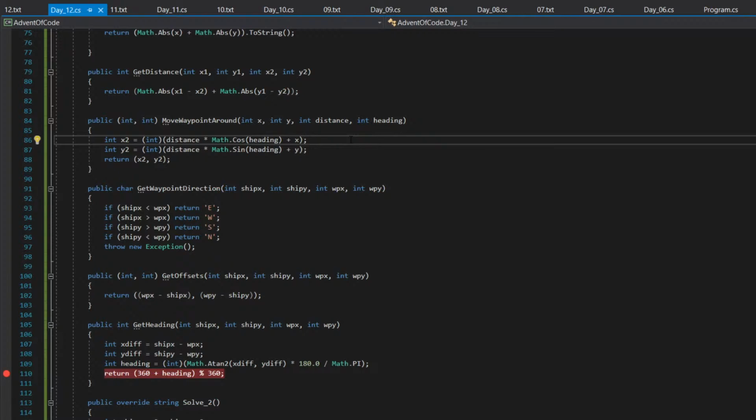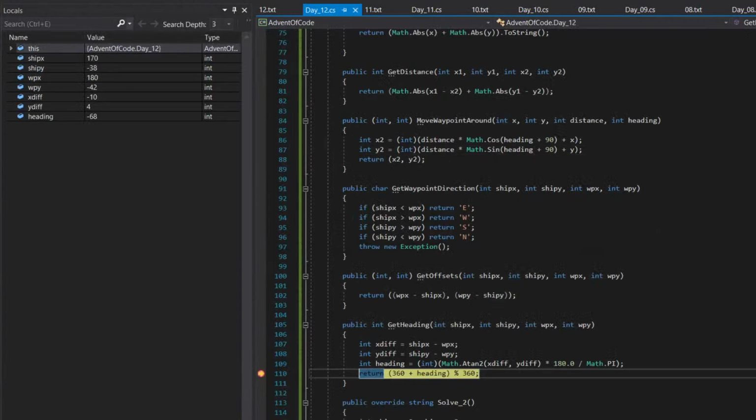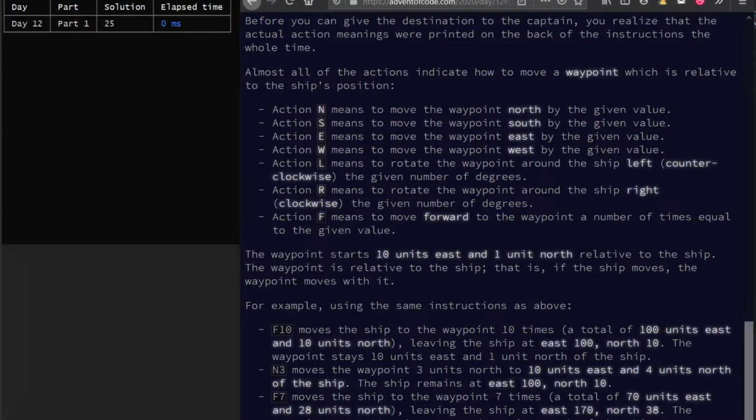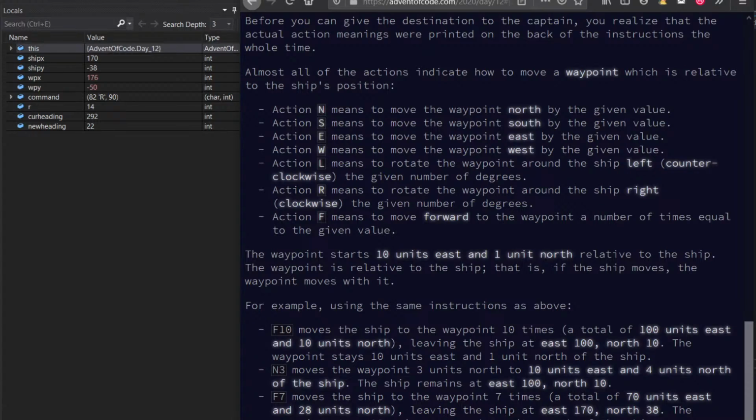I wonder what it expects for this data value. 176 and negative 50. Four and 10. East, 10 units south.